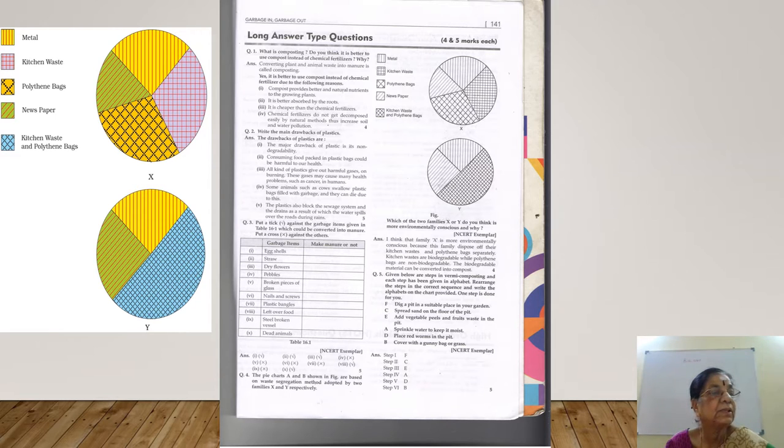These gases may cause many health problems such as cancer. Especially, it causes cancer. Okay. The next one: some animals such as cows swallow plastic bags filled with garbage.